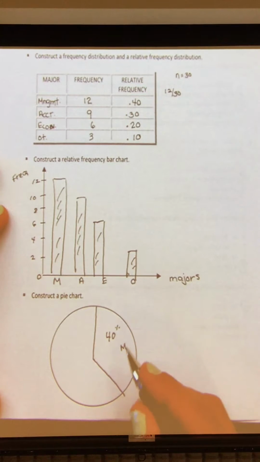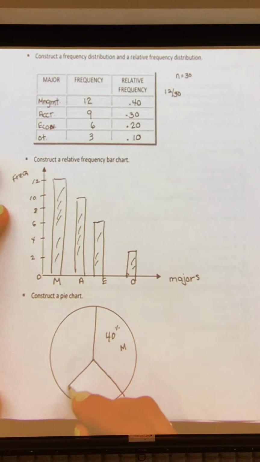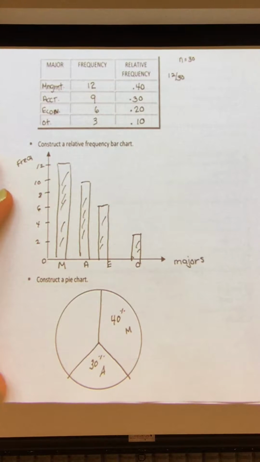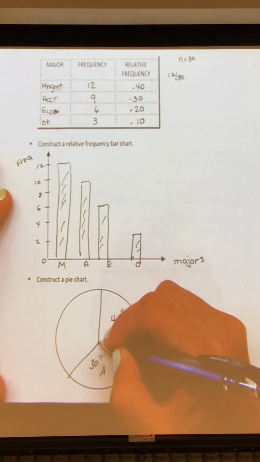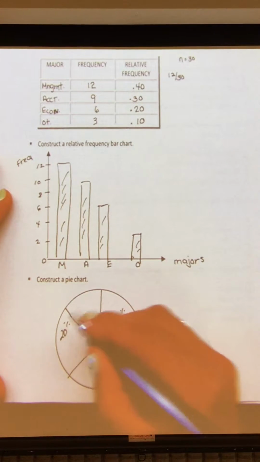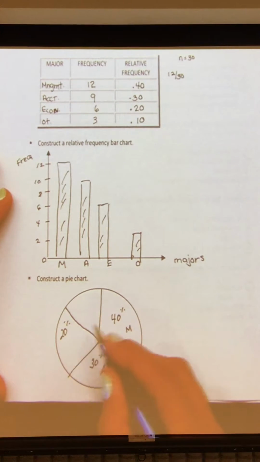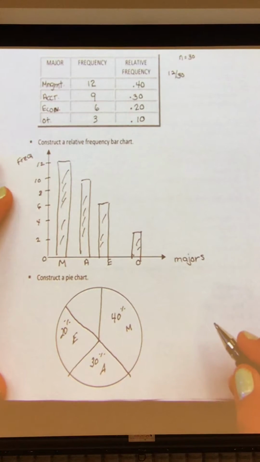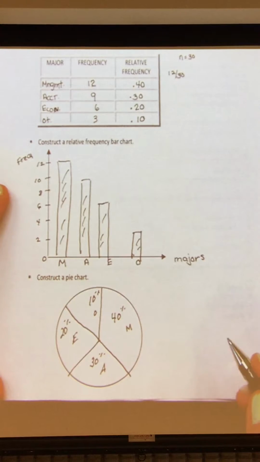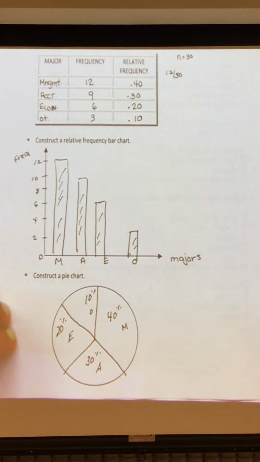Accounting is 30%, so it's a little bit less. So 30% is for accounting. Economics is a little bit less than that. So 20% is economics, and 10% is other. And that is your pie chart.